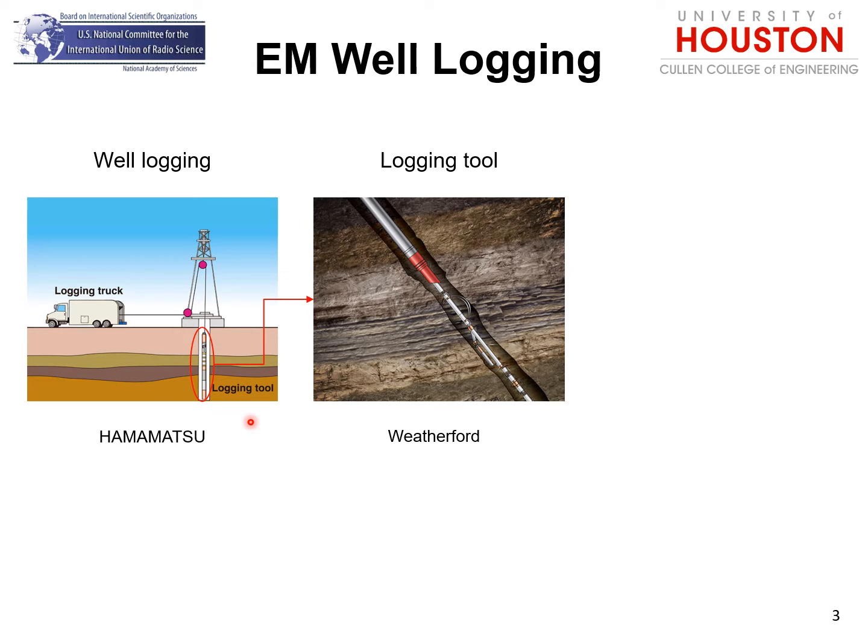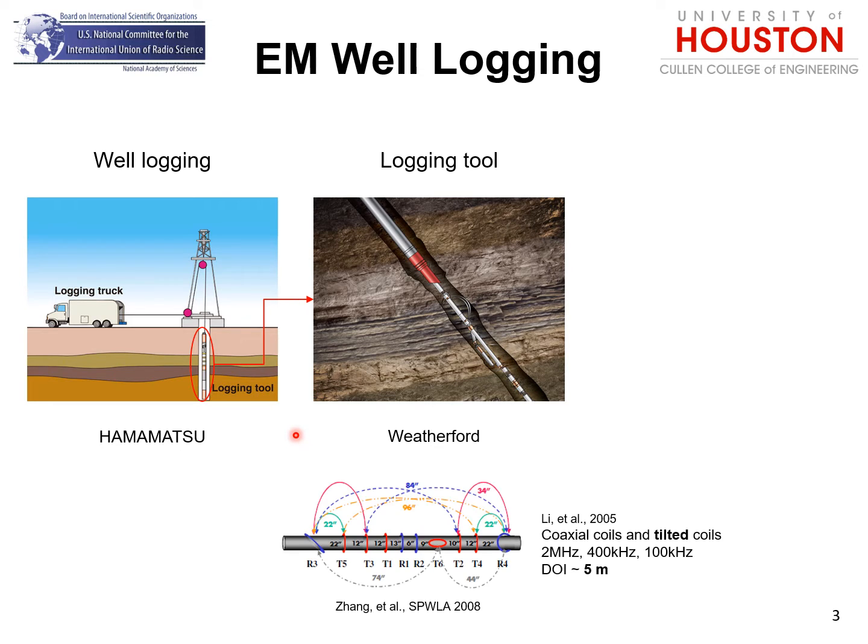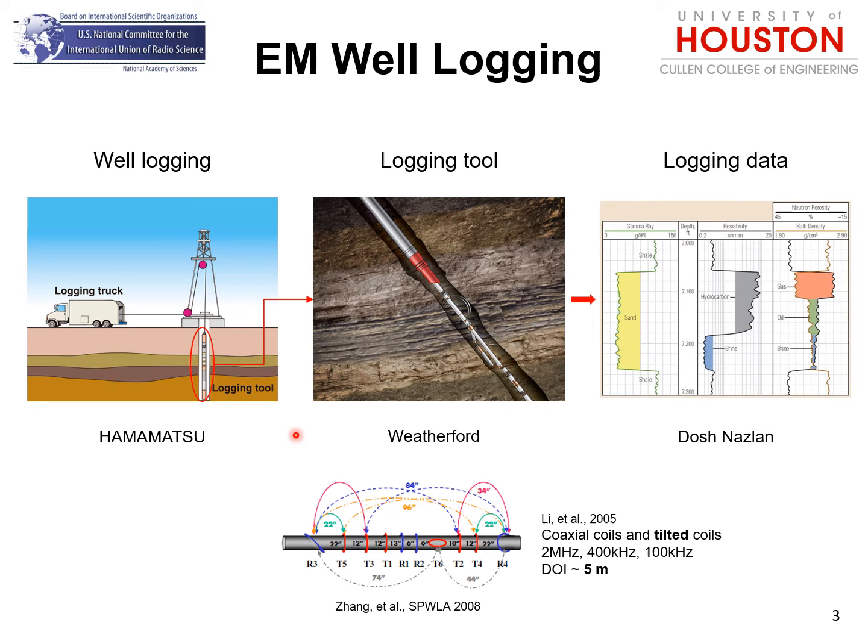The EM field is received by the tool. The reflected wave can be used to estimate the resistivity of the formation. Finally, we can make the decision of the well trajectory based on the logging data. For example, we can determine the location of the gas, oil, rock, and so on.